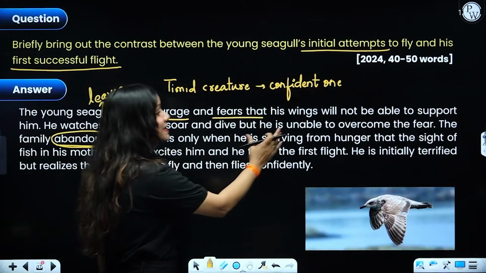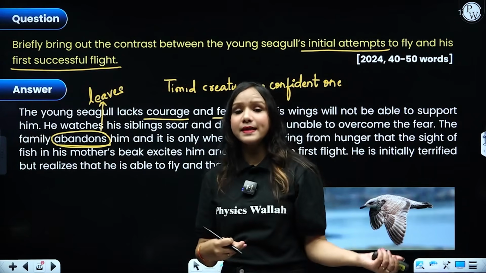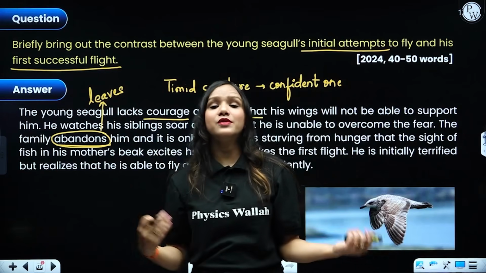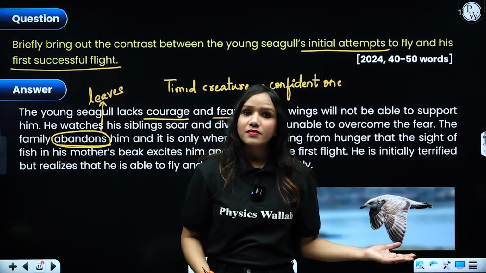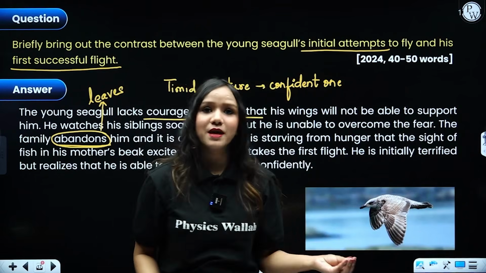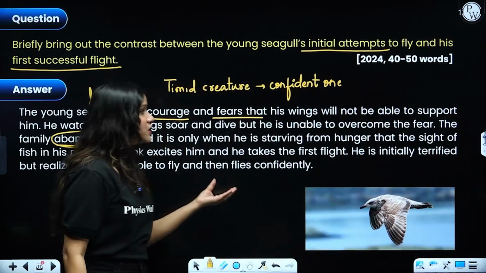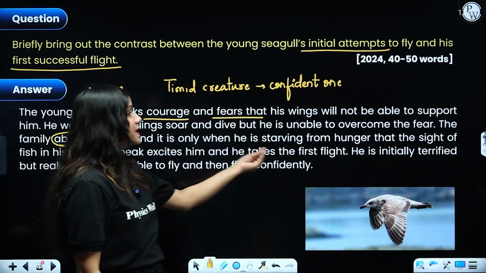And it is only when he's starving from hunger, he was so maddened by it, he immediately, without even giving a second thought, tried to catch that piece of fish that was inside his mother's beak and took his flight eventually, right? So the fish in his mother's beak excites him and he takes the first flight.